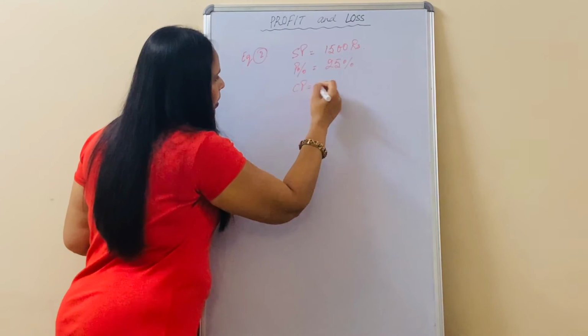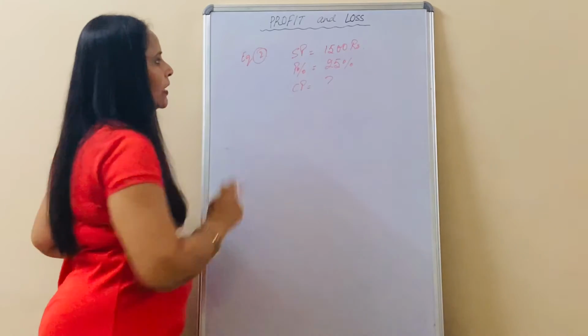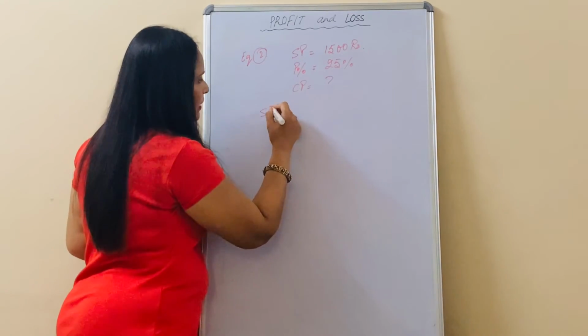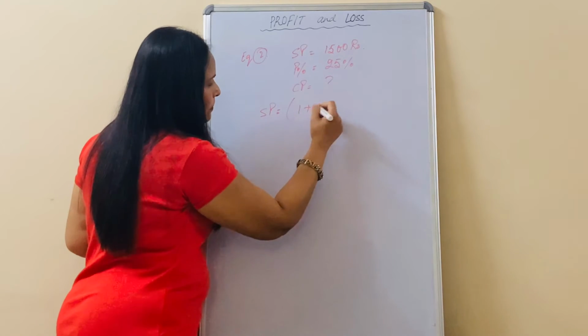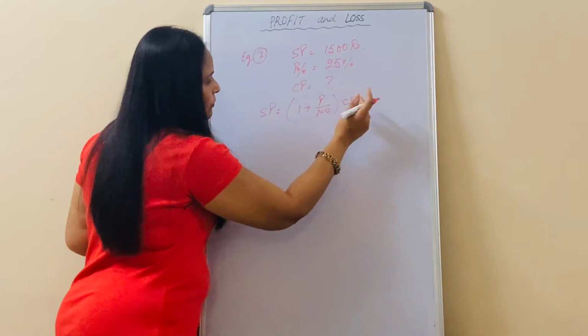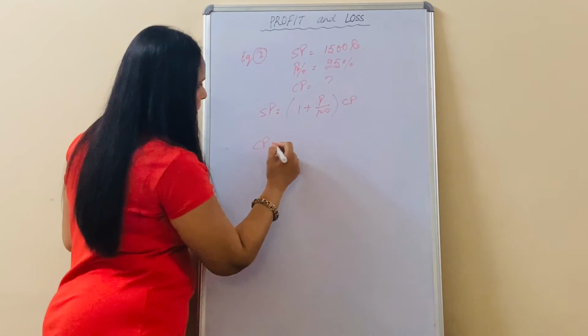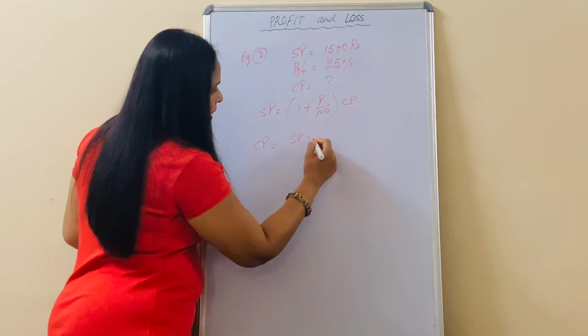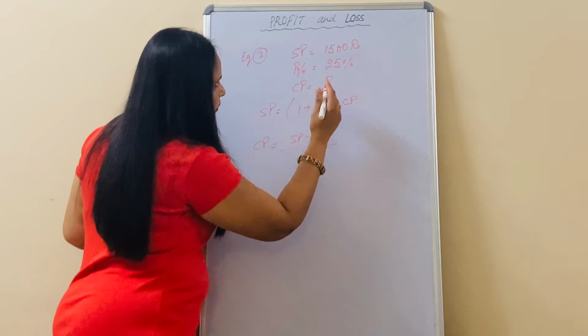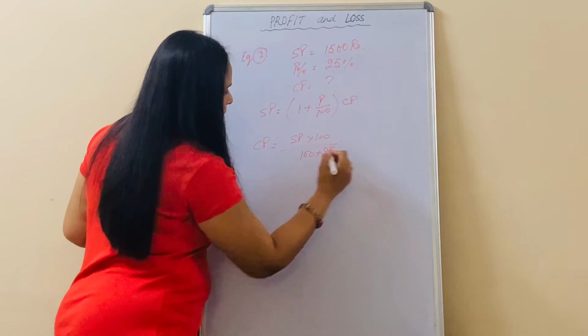So what is the cost price of that calculator? It is very simple to calculate, as we know that selling price is equal to 1 plus profit percentage upon 100 into CP. From here, CP comes out to be SP into 100 divided by 100 plus profit percentage, which is 25.